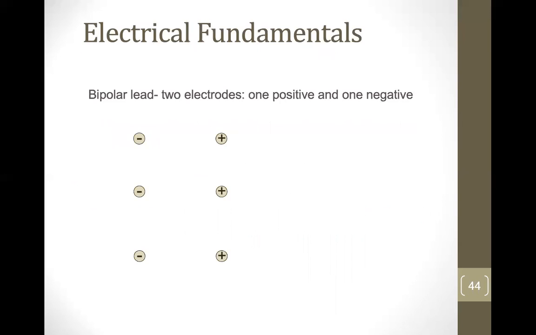So we have our two leads. We've got a negative lead and a positive, or two electrodes, a negative and a positive. When you are standing on the positive, because the cameraman always stands on the positive, if you have the electrical impulse, this vector is moving toward you, right? So you're standing on the positive and it's an impulse that's moving toward you.